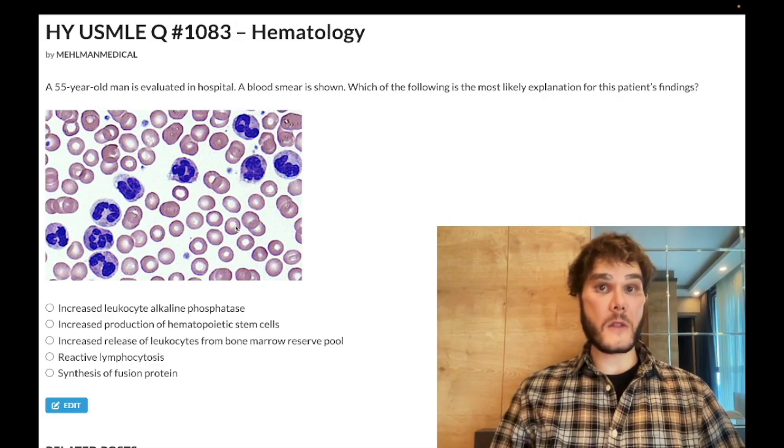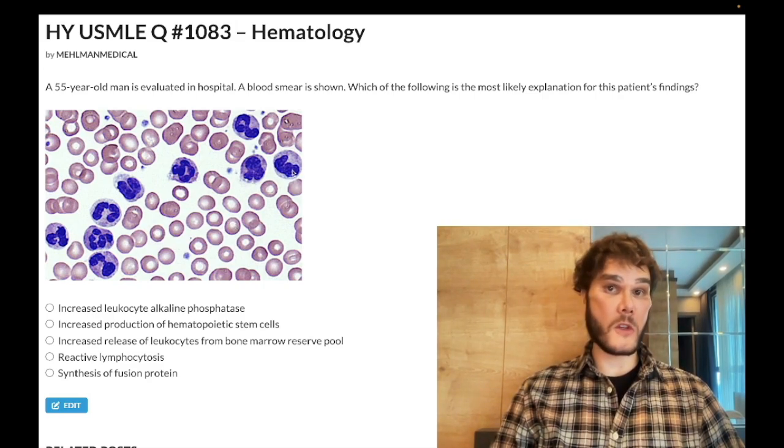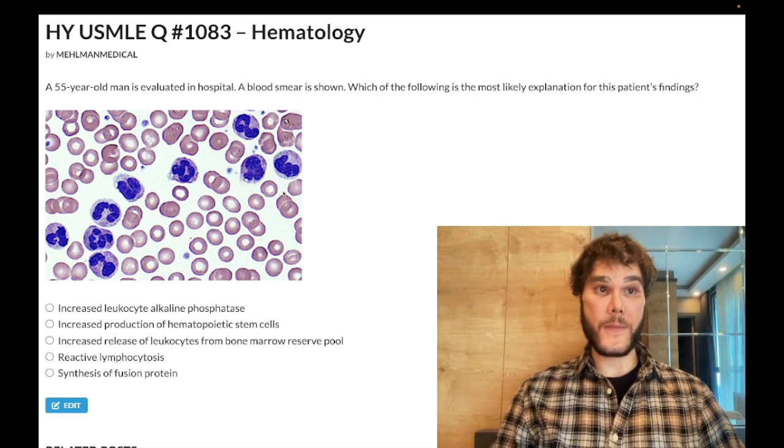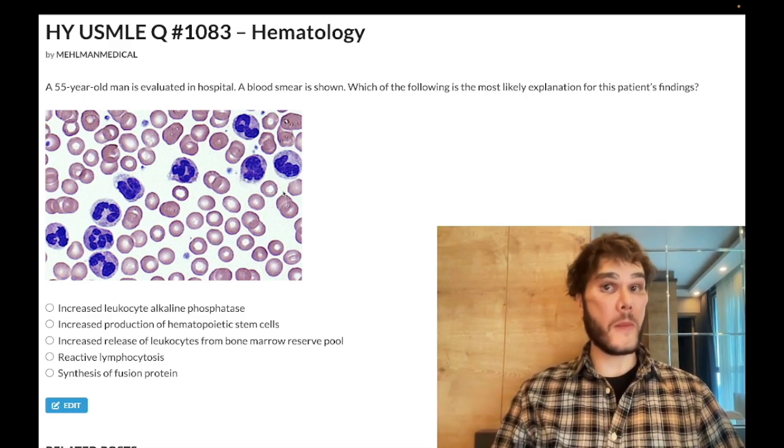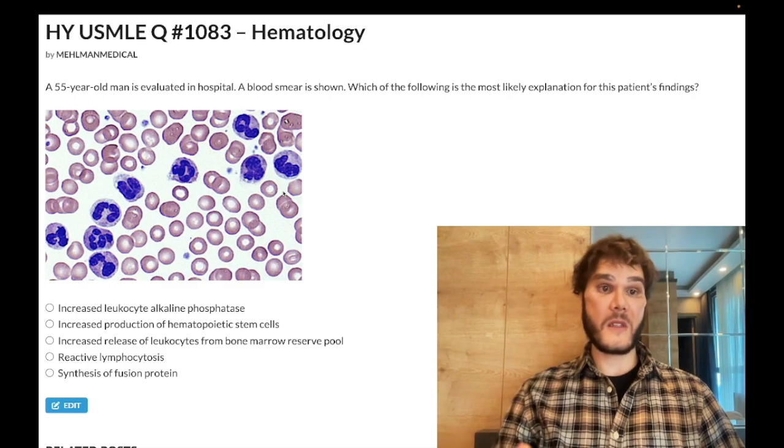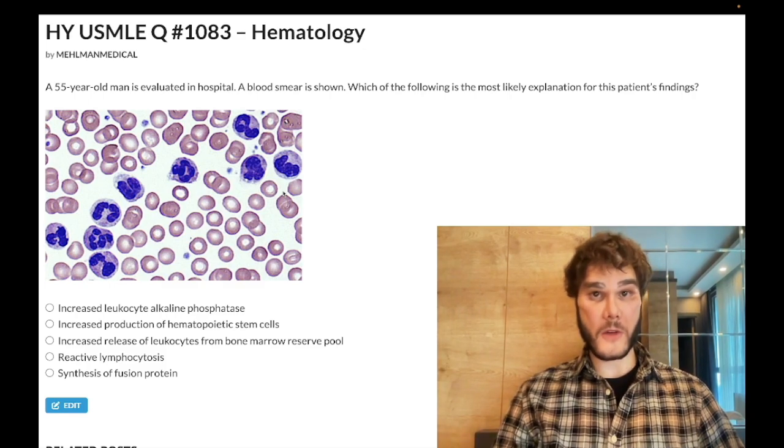You do the bloods, and then you get a smear like this where it's just neutrophils. This is called reactive granulocytosis. You need to know that. It's another name for leukemoid reaction where it looks like leukemia, but it's not. You thought that it could be leukemia. Leukemoid reaction is an infection where you have a leukocyte count greater than 30,000. So it looks like leukemia on the bloods, but it's not. That's why we call it leukemoid reaction.